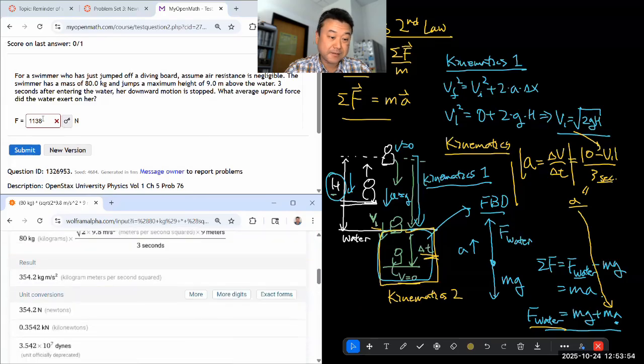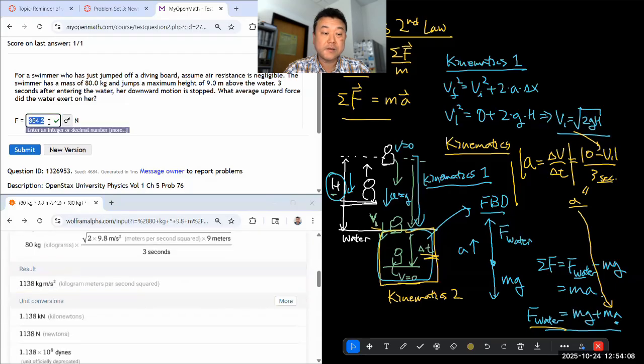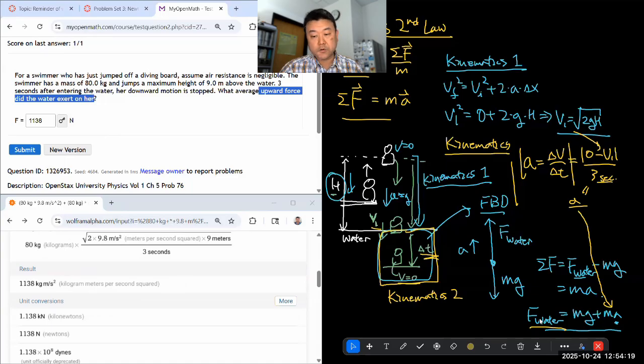This is a big difference this time: 354.2. So I'll again write to the question author. What I believe is the correct answer is actually 1138 newtons, because it is quite clear about asking for the upward force the water exerts on her. This upward force due to water should be enough to balance gravity and then cause the acceleration. So let me make a note to write to the author.